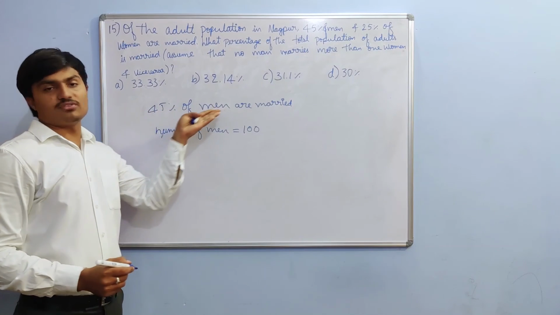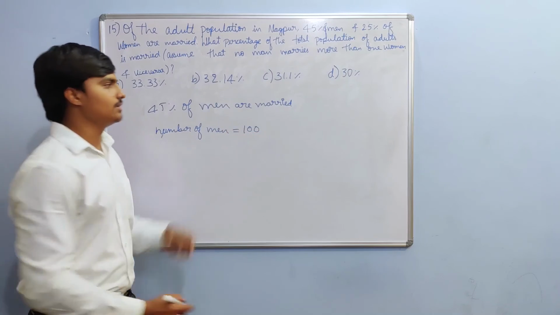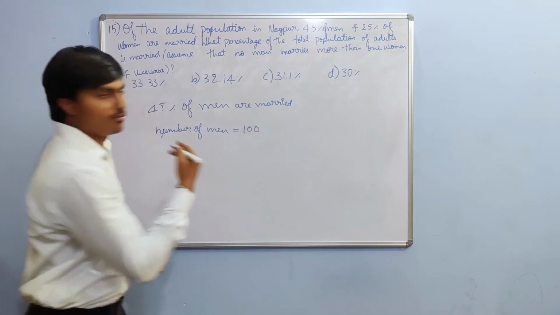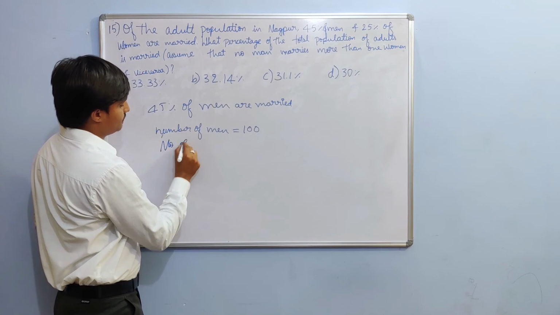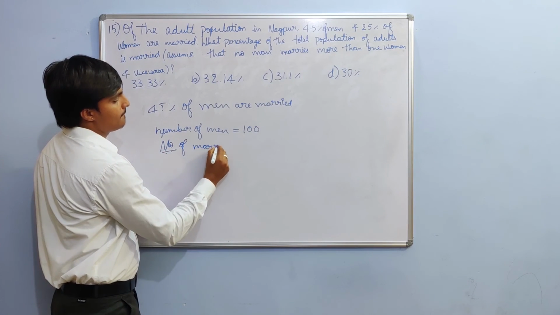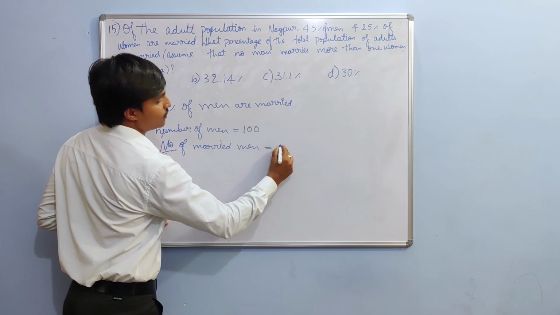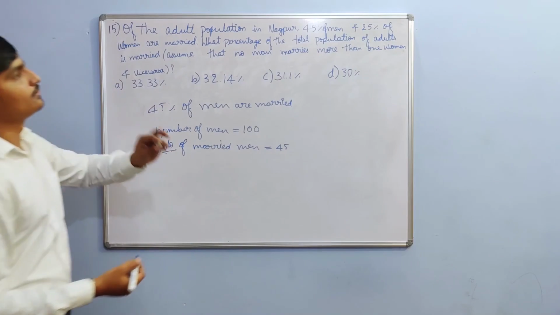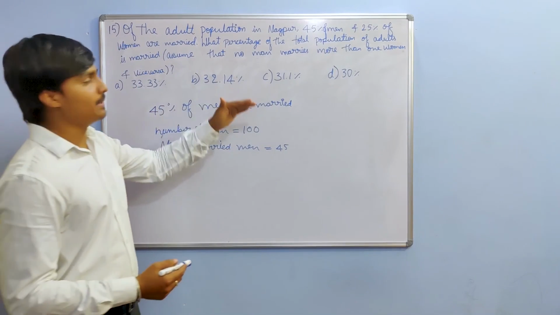Now 45% of the men are married means 45% of this 100, which is equal to 45. So the number of married men is equal to 45. So to balance 45 men, 45 women should be married.